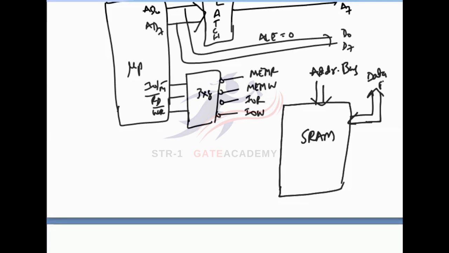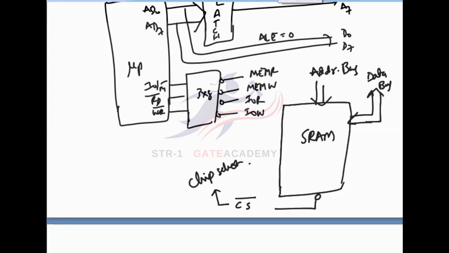Data bus is also required. Sometimes chip select. This explains the chip select. Right, this is the general construction.